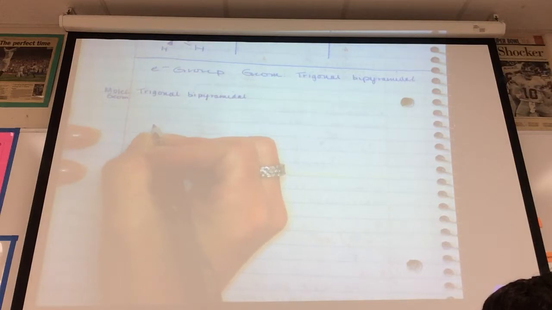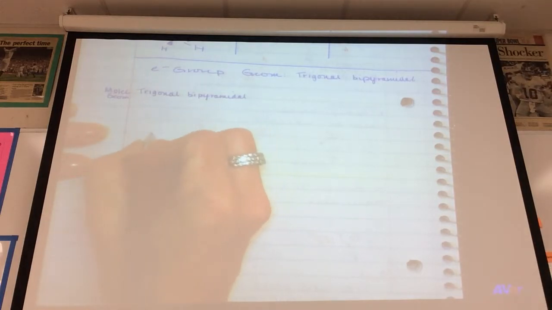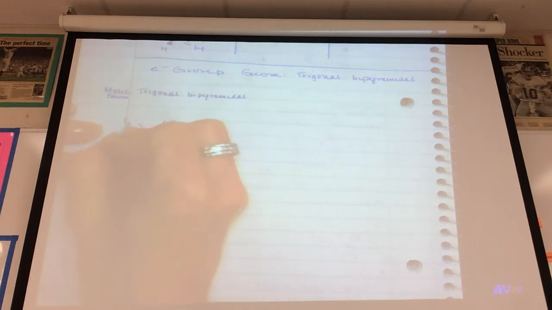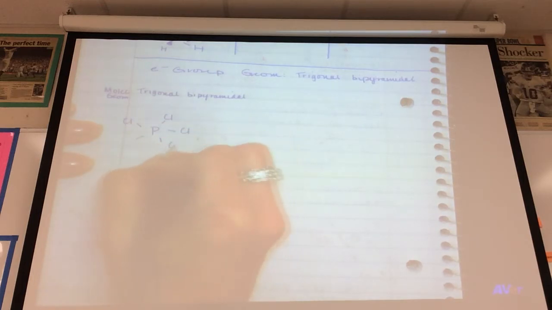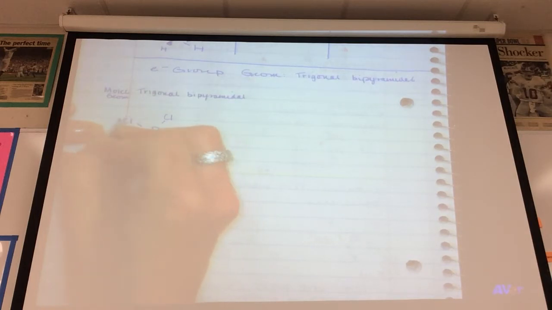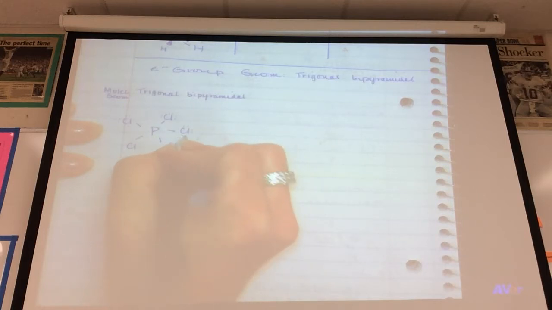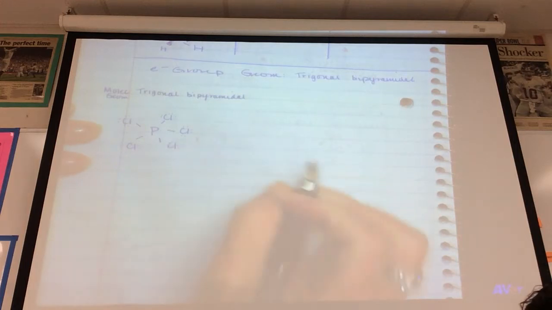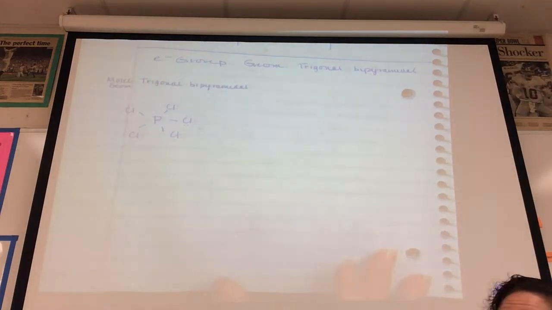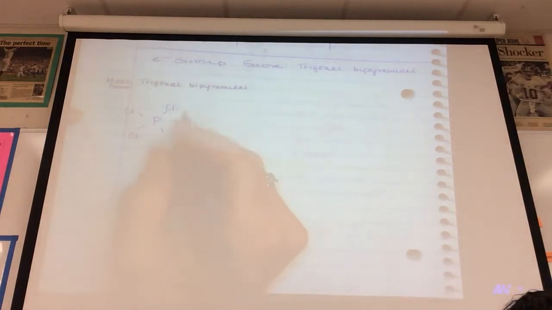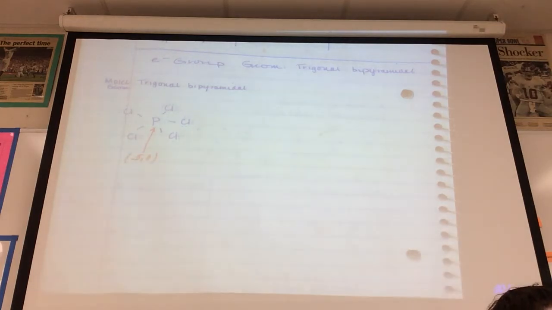So for example here, you've got phosphorus pentachloride. Yeah, I almost wish I had hydrogens, I agree. 5 atoms attached, no lone pairs. And this is why mastering drawing for today was really important.